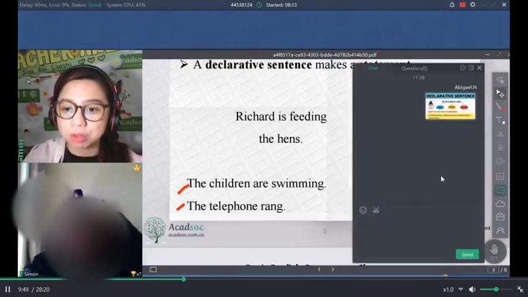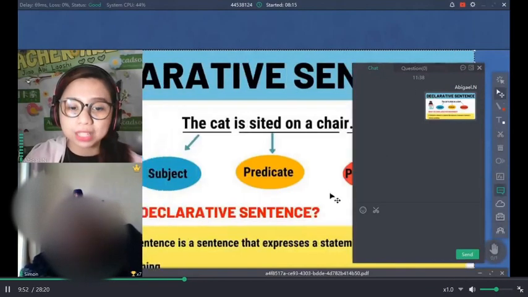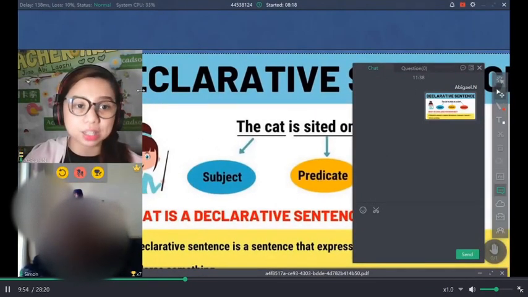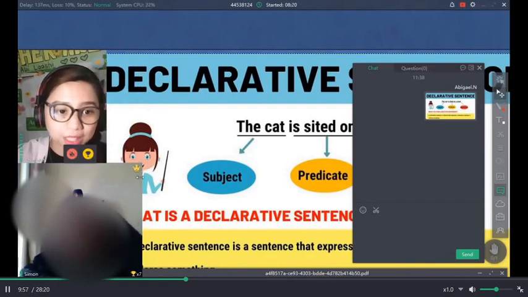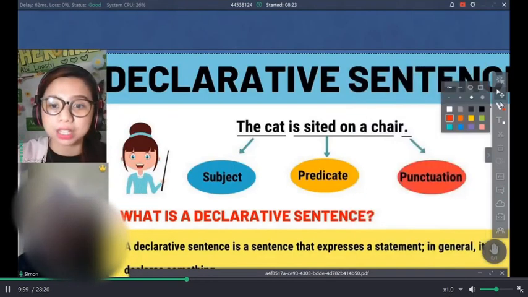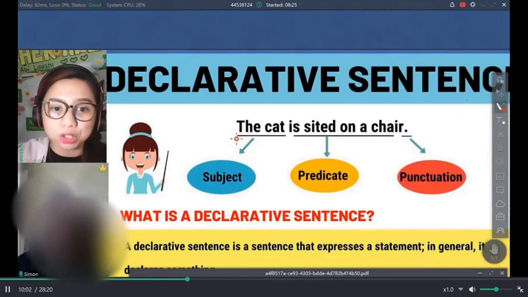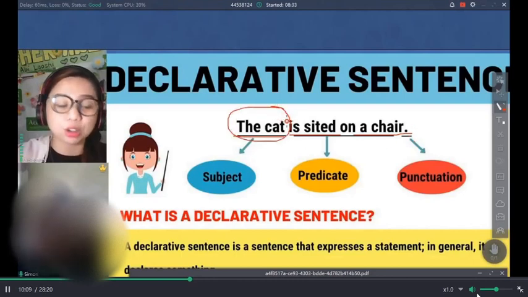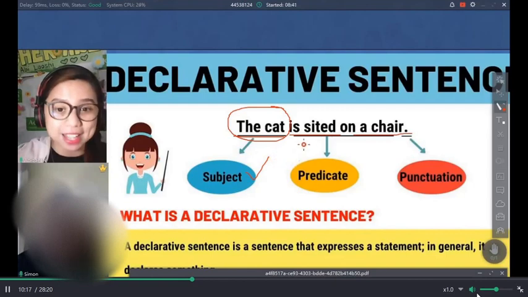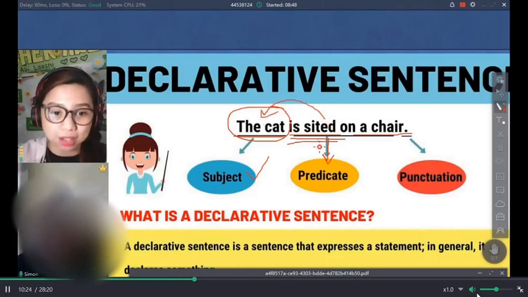I'll show you. When writing a declarative sentence, just like in this picture, it follows a particular pattern, Simon. So let's say, the cat is sitting on a chair. It always starts with a subject, the one that is being talked about in the sentence. It can be a person or a pet. And is sitting is our predicate. It's the action done by the subject.